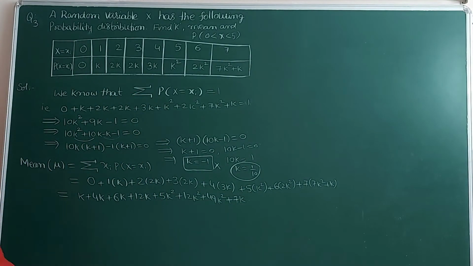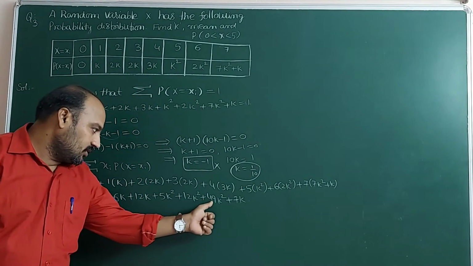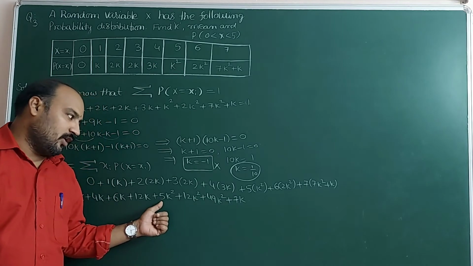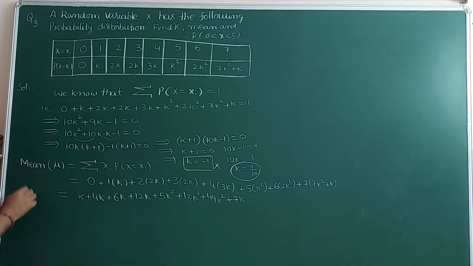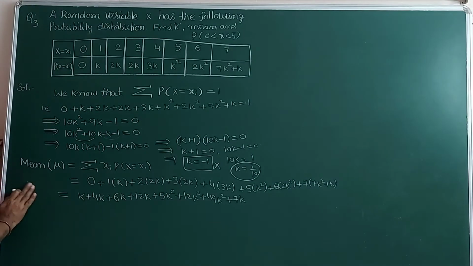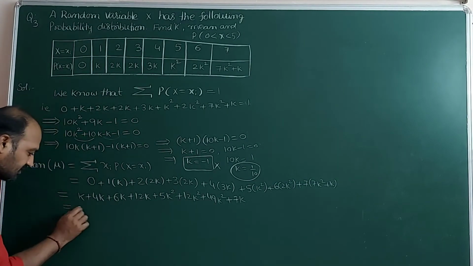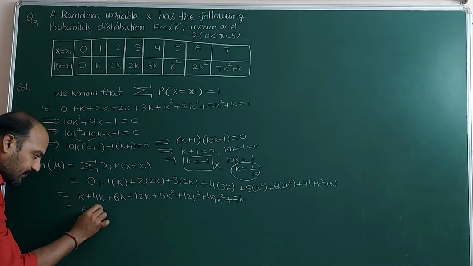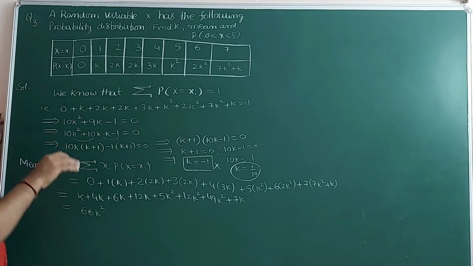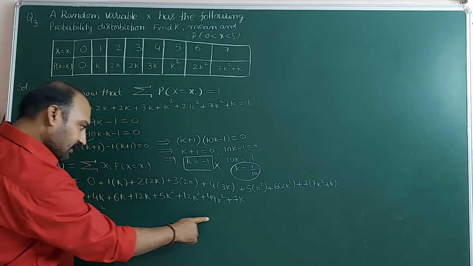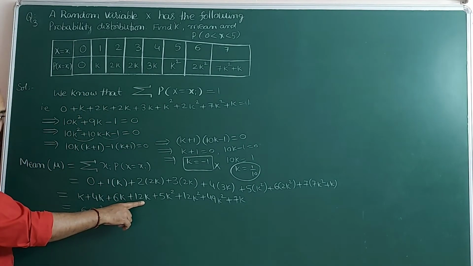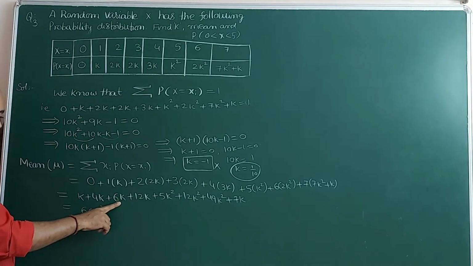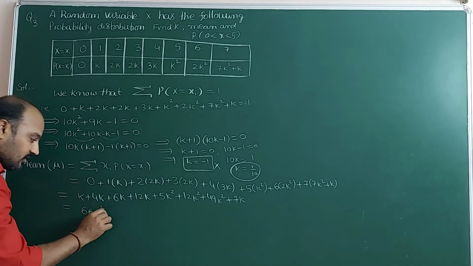Now the k square terms: 49 plus 5 is 54, 54 plus 12 is 66, so 66k square. Now the k terms: 7k plus 12k is 19k, 19 plus 6k is 25k, 25k plus 5k is 30k.